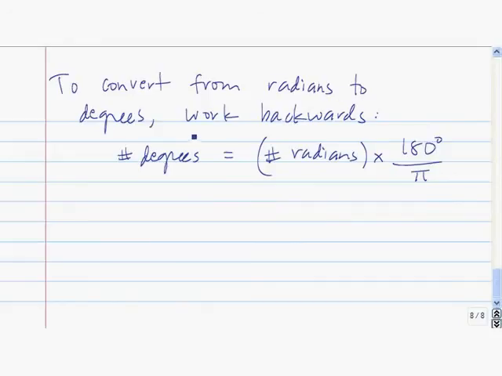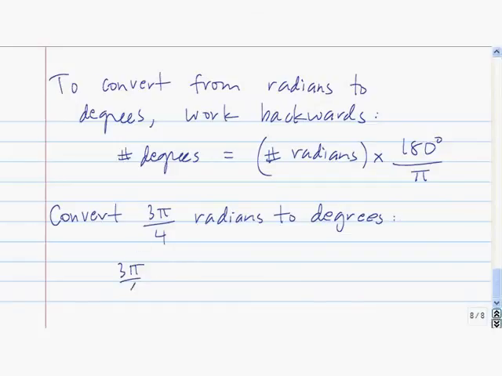Suppose we want to convert from radians to degrees. All we have to do is work backwards. So the number of degrees is equal to the number of radians times 180 divided by pi. Let's do an example. We take 3 pi over 4 and multiply that by 180 over pi.